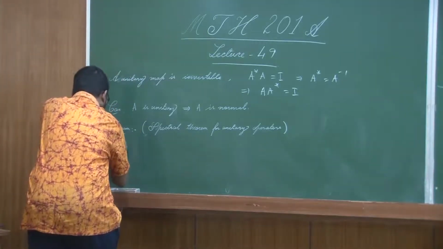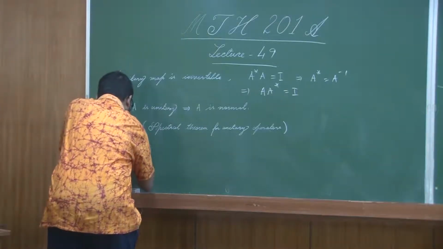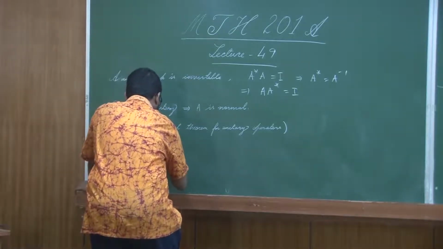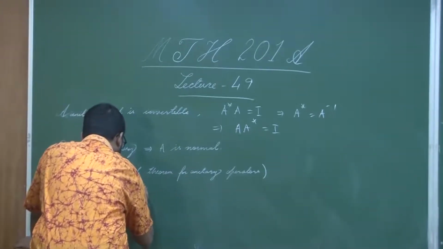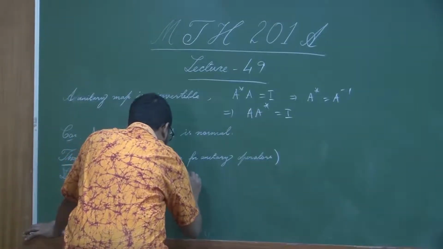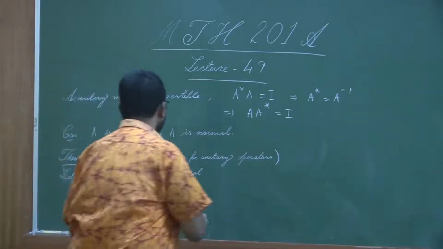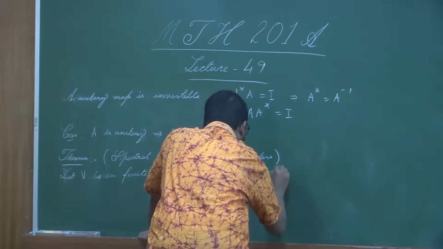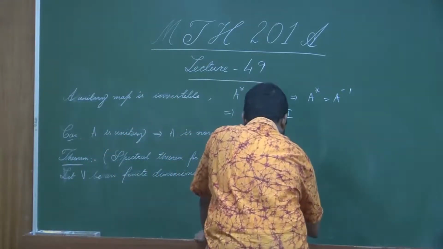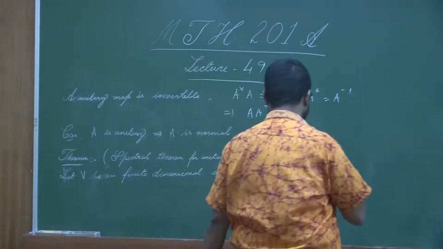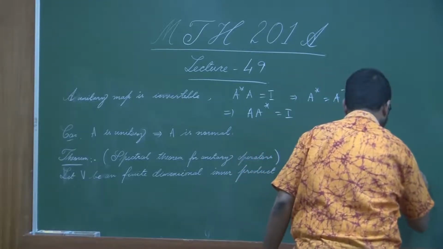Let V be a finite dimensional inner product space over C, and let A be unitary.